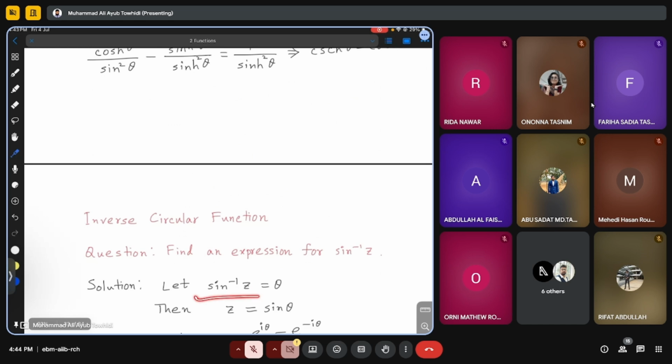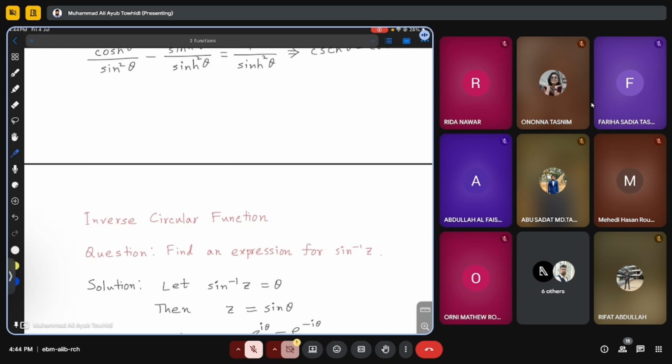Now, sine inverse z. We don't know how to find its value. How to find its value? So the question says, find an expression for sine inverse z. Or it can also say, show that sine inverse z equals something they give.